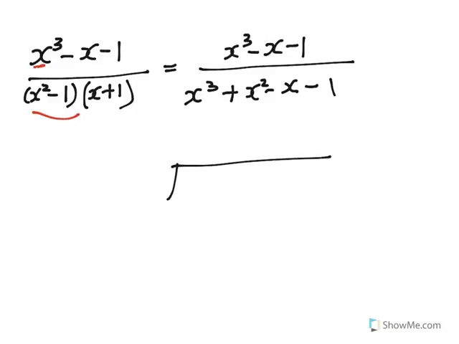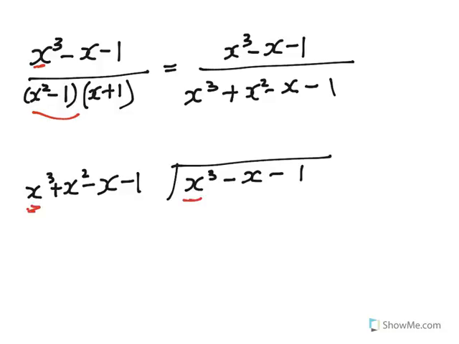Now taking the numerator and dividing it by the denominator, we compare the powers for x cubed. We have power 1. We multiply by 1 to get x cubed plus x squared minus x minus 1.